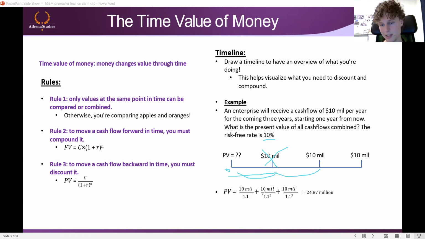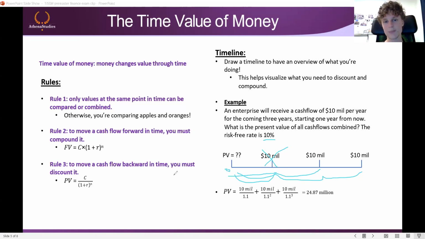Now, filling that in gets you your second cash flow, and then the third cash flow is old news at this point. You just replace the 2 periods with 3 periods because it's 1, 2, 3 years from now. And then you have the present value of all of your 3 cash flows. And when you count those up together, you should get $24.87 million.